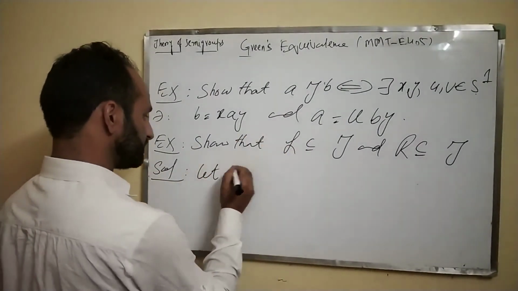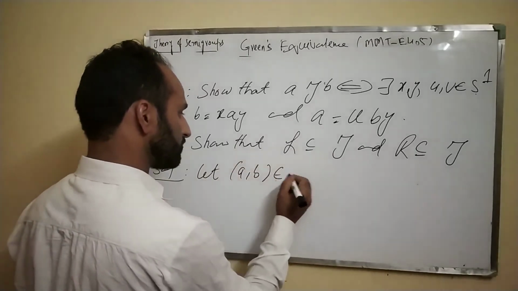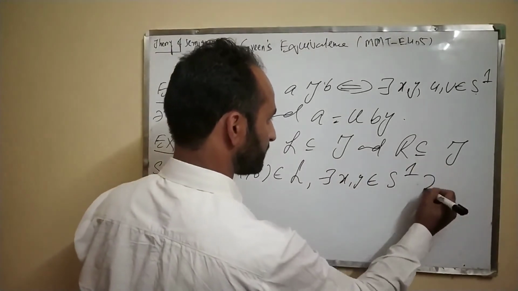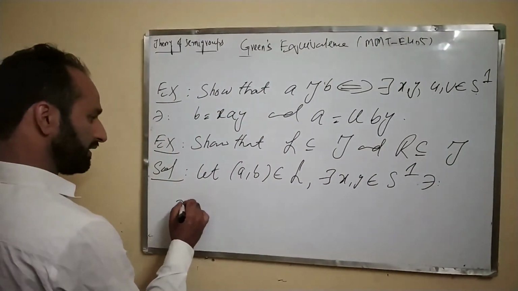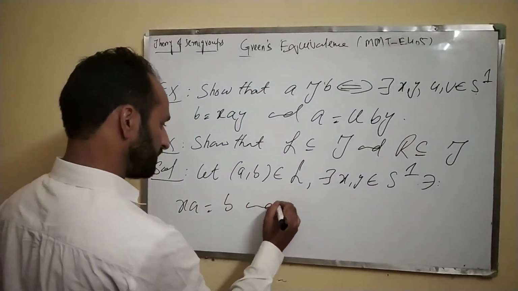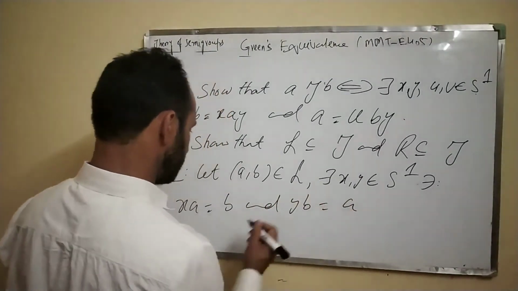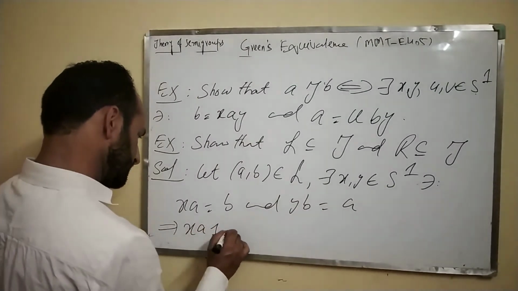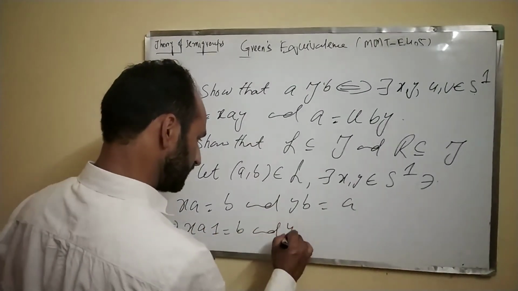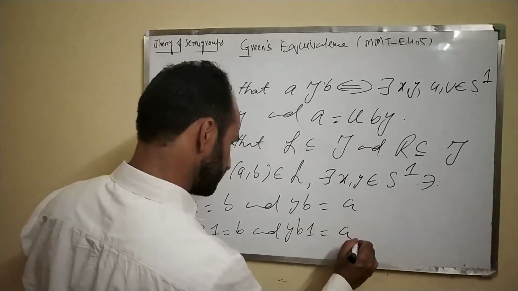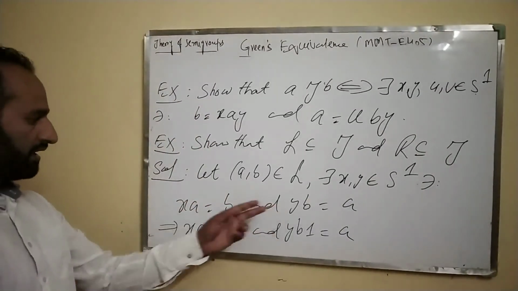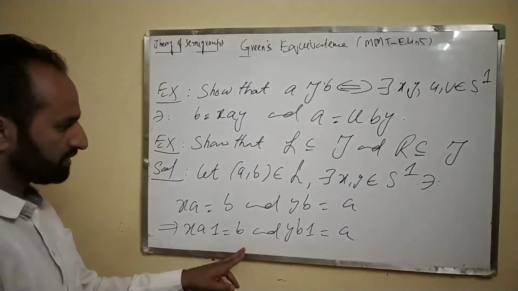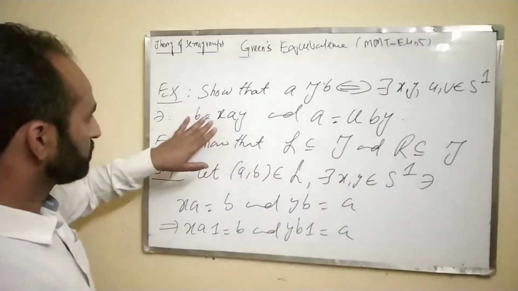Let A, B belong to L. That means there exist X, Y in S¹ such that XA is equal to B and YB is equal to A. This gives XA1 is equal to B and YB1 is equal to A.